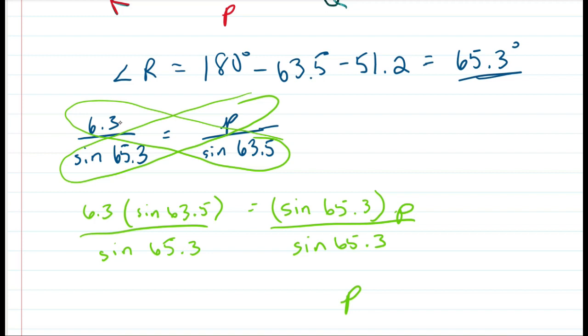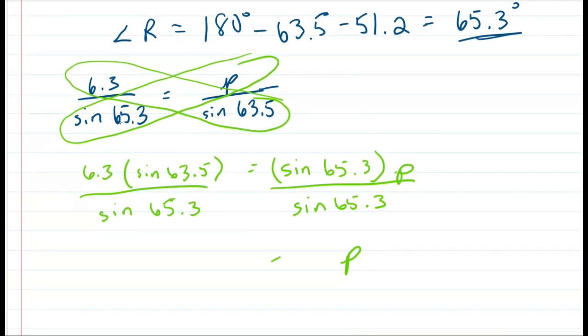So P equals 6.3 times the sine of 63.5 divided by the sine of 65.3.